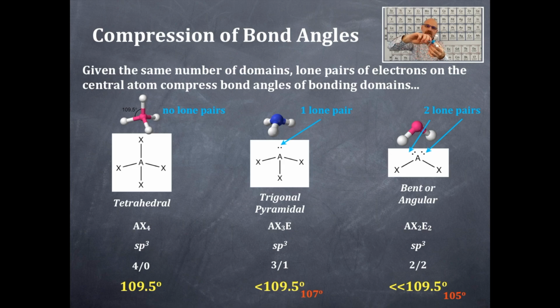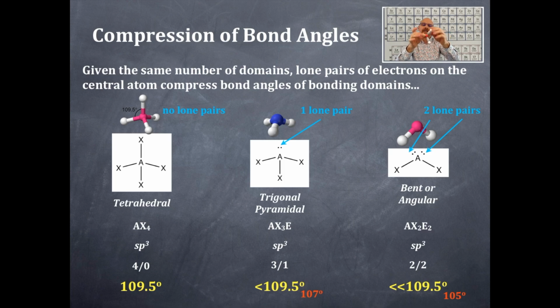So we're going to rip off one of these bonding pairs of domains right here, and then replace it with another lone pair of electrons on the central element, like this. So I've got 2 non-bonding and 2 bonding domains. These 2 non-bonding domains will compress this bond angle even further. Again, it has a tetrahedral arrangement of electron domains, but 2 of them are non-bonding.